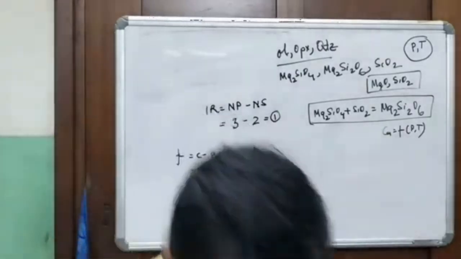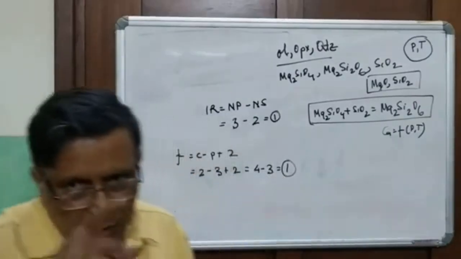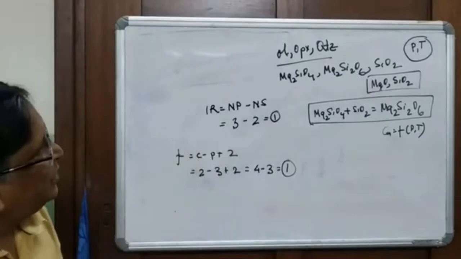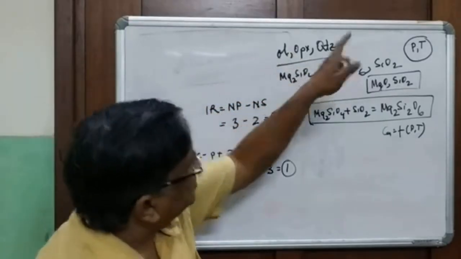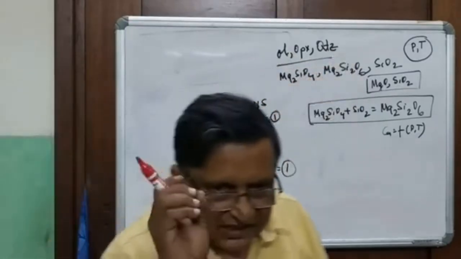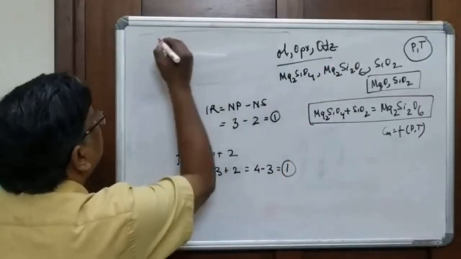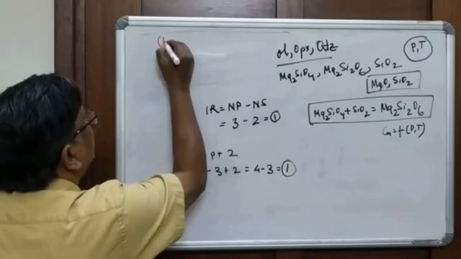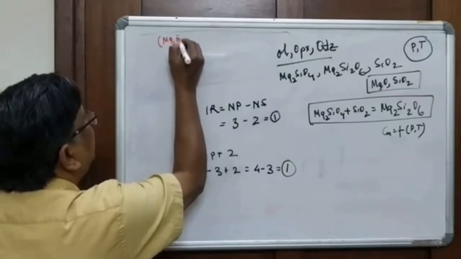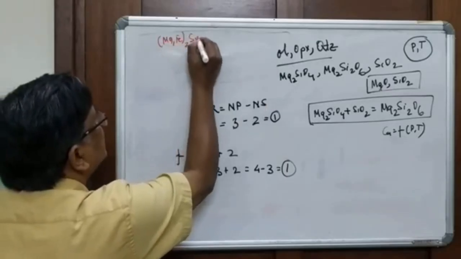Now let's try to make it a little more complex. We take again olivine, orthopyroxene, quartz, but this time we say olivine is (Mg,Fe)2SiO4.